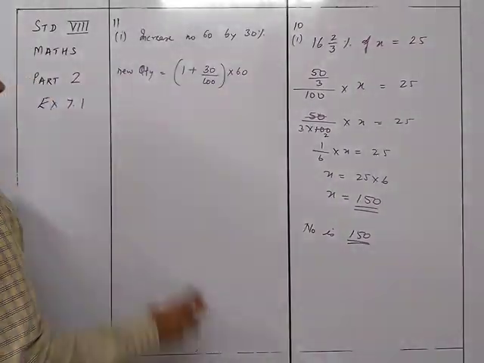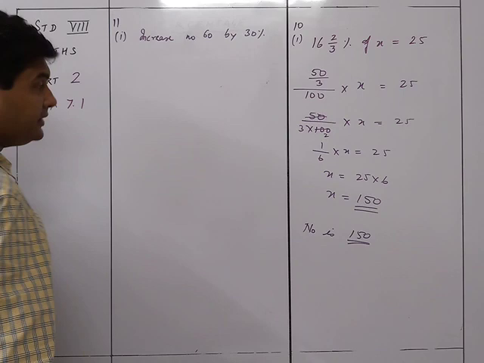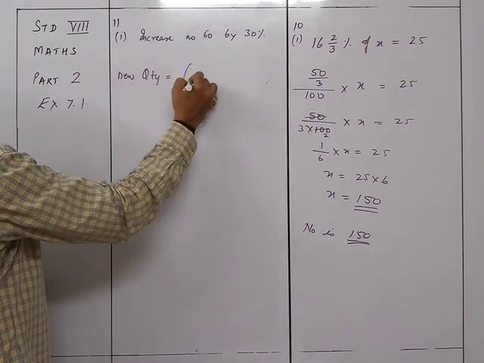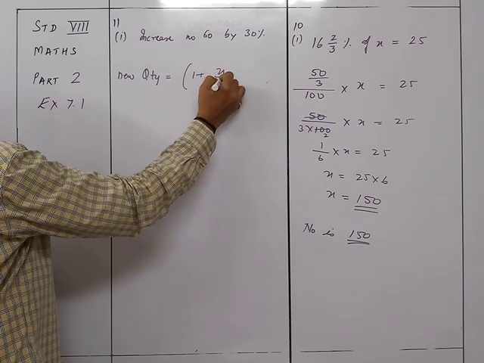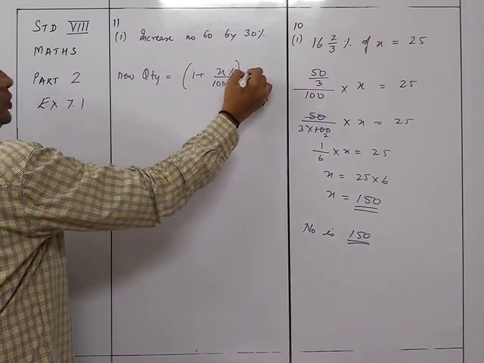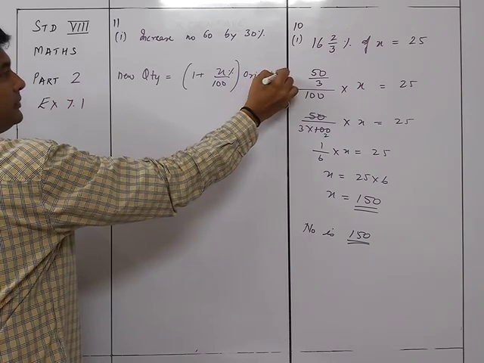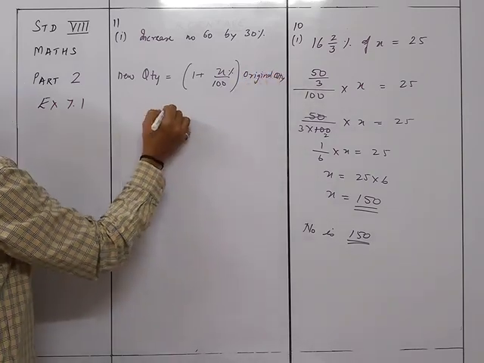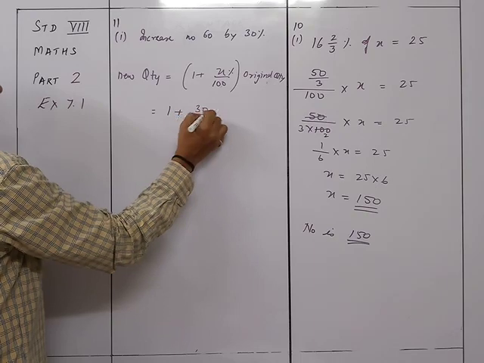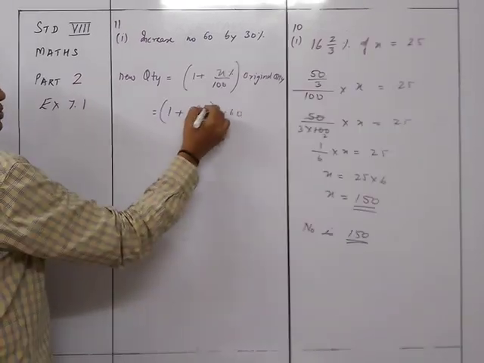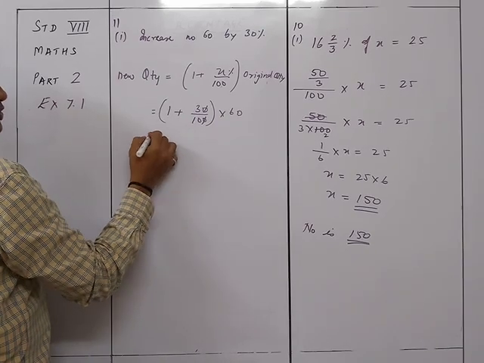Okay, I'll write the formula first so that you understand it. New quantity is equal to 1 plus x percent upon 100 into original quantity. So that is 1 plus 30 upon 100 into 60. So that will be cancelling like this.